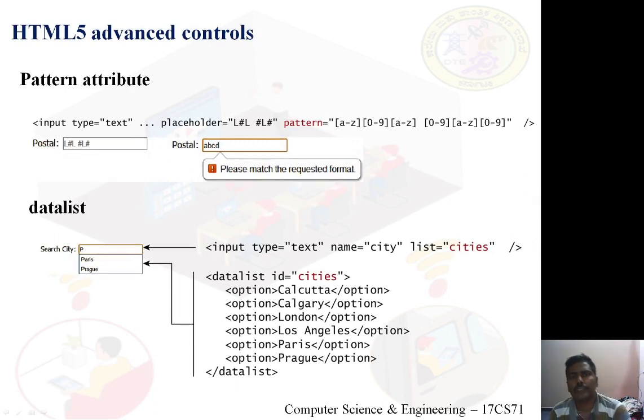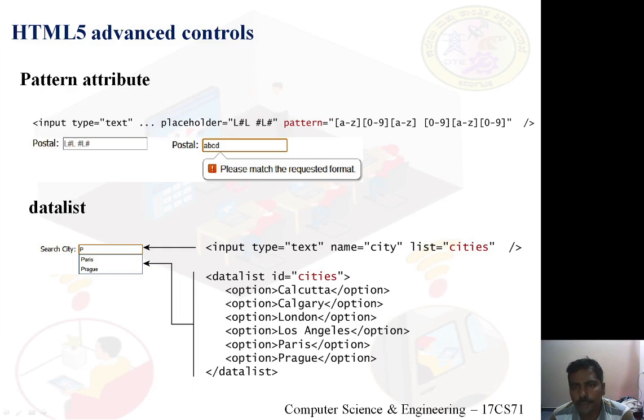Now coming to HTML5 advanced controls, there are many advanced controls. First we have discussion about two: pattern attribute and datalist. So what actually does this pattern attribute mean?